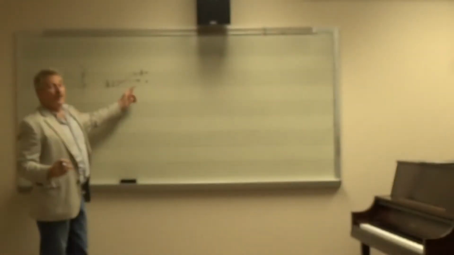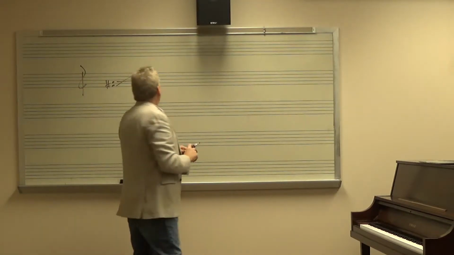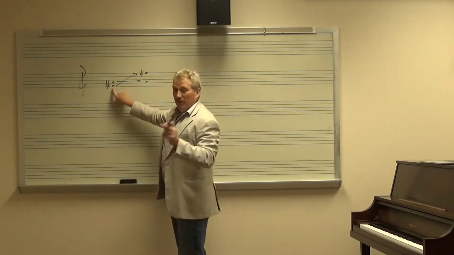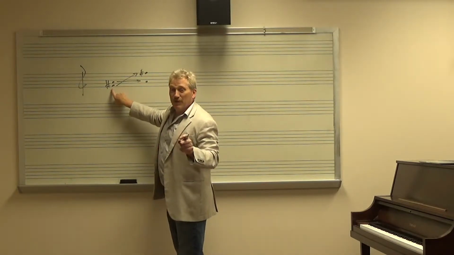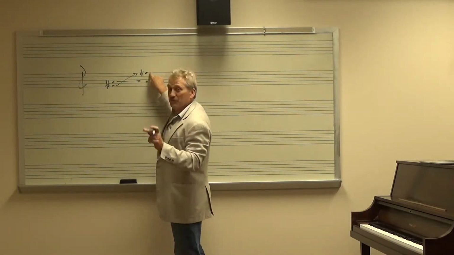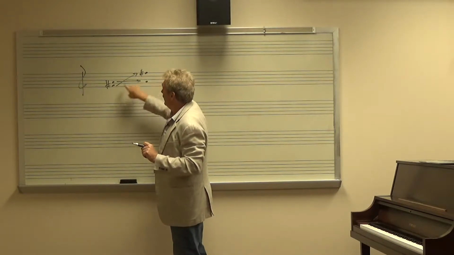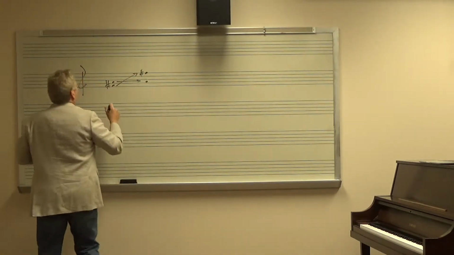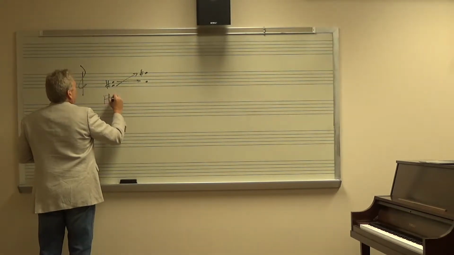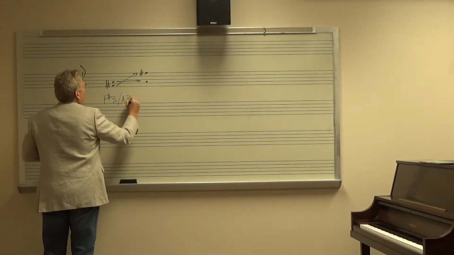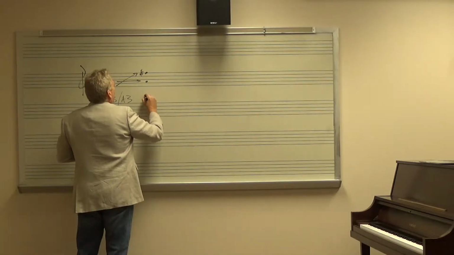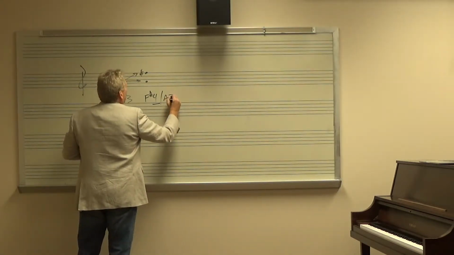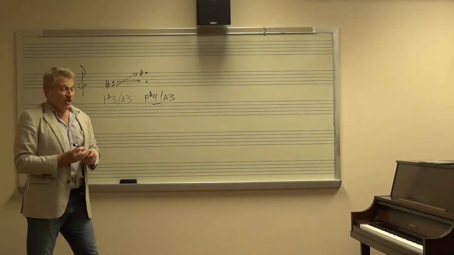So now my lower pitch has gone above my higher pitch. And this is the important part: this is pitch class F sharp, and this is pitch class F sharp. This is pitch class A, and this is pitch class A. I've gone from F sharp 3, A3 to F sharp 4, A3, but I have not changed my pitch class.